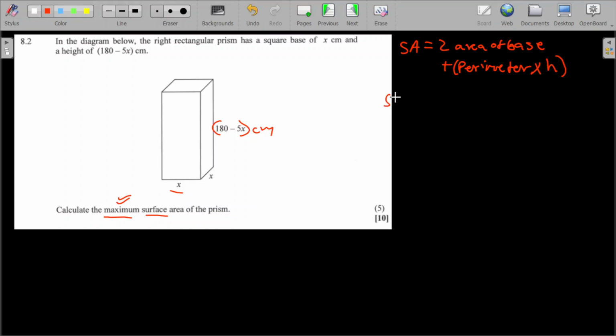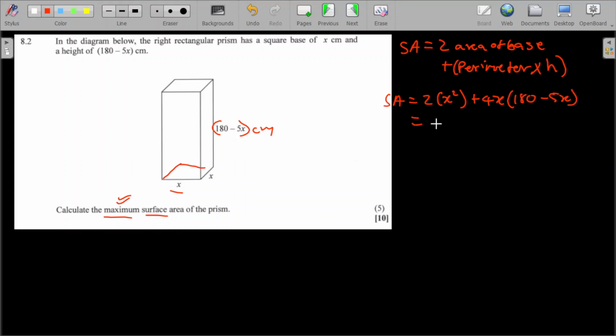So from here, my surface area is equal to 2 times the area of the base, which is x times x, giving x squared, plus my perimeter, which is x plus x plus x plus x, giving 4x, times my height, which is 180 minus 5x.